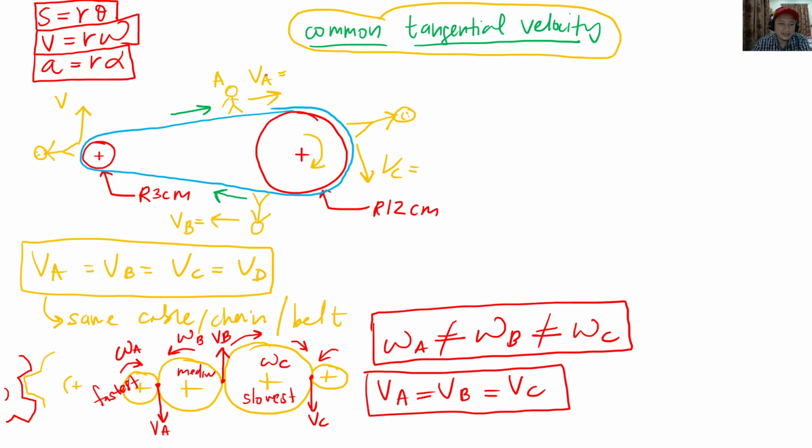So how about over here? Same case. If I call this one 1 and this one 2, omega 1 is not equivalent to omega 2, but V1 is equivalent to V2.